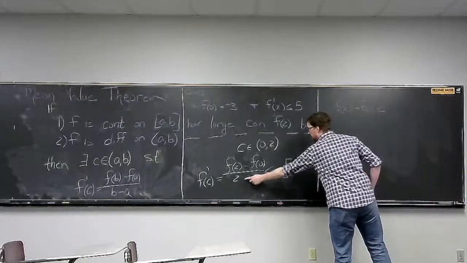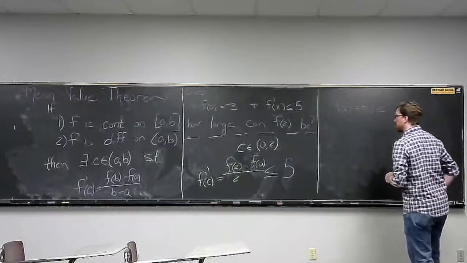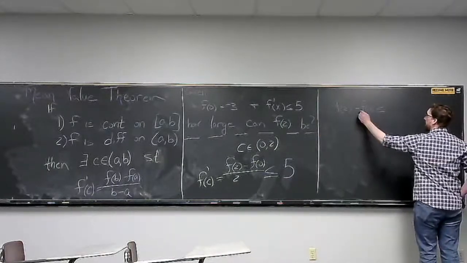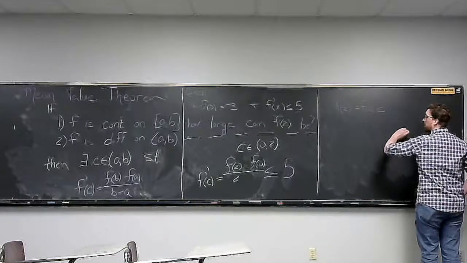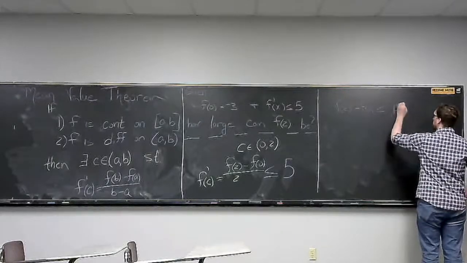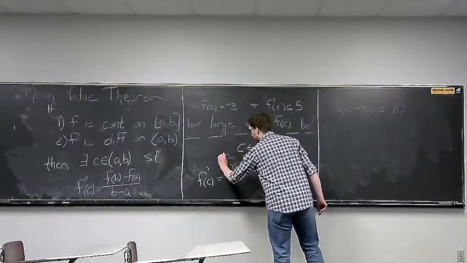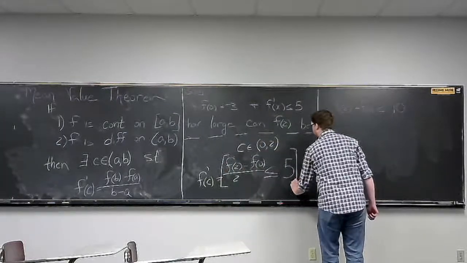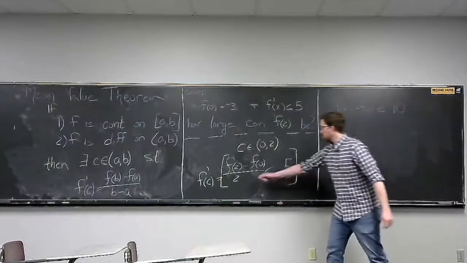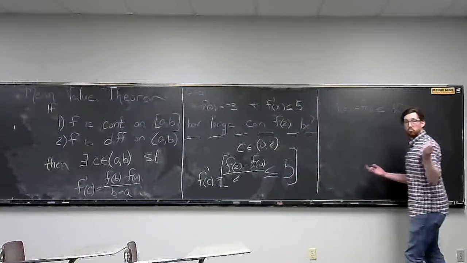Multiplying both sides of this inequality by 2, we get that f(2) minus f(0) is less than or equal to 10. Now all I'm doing here is focusing in on this part, and I'm saying, let's just multiply both sides by 2.